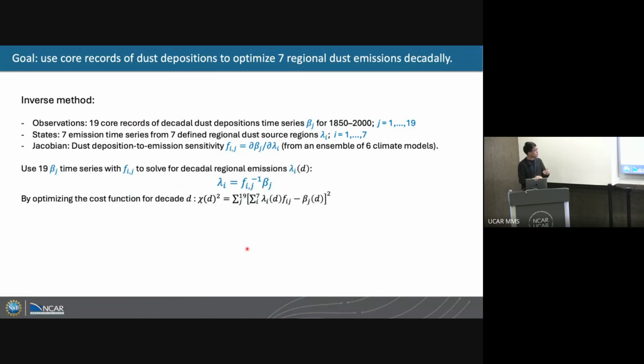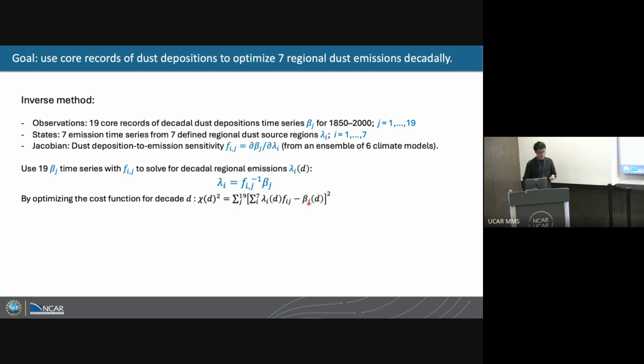So the idea is pretty simple. This is basically the main idea. We try to do an inversion using observations of dust depositions with the sensitivity to derive the regional dust emissions historically. So we use the cost function and we try to minimize the cost function decade by decade. So the idea is basically to force a set of 7 lambda time series to match those 19 observed time series of dust depositions.